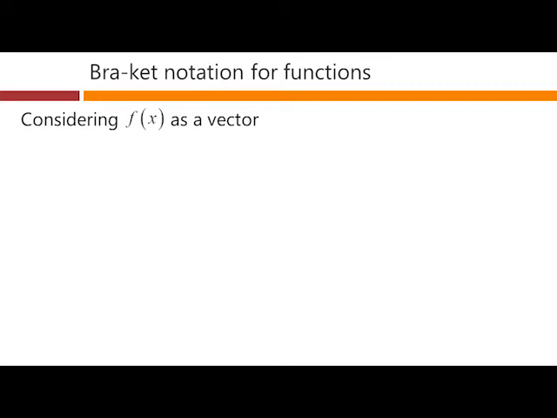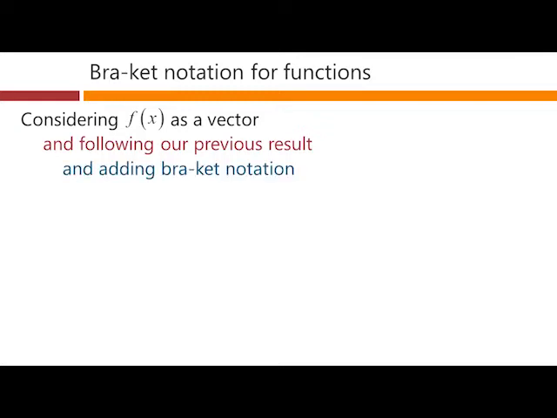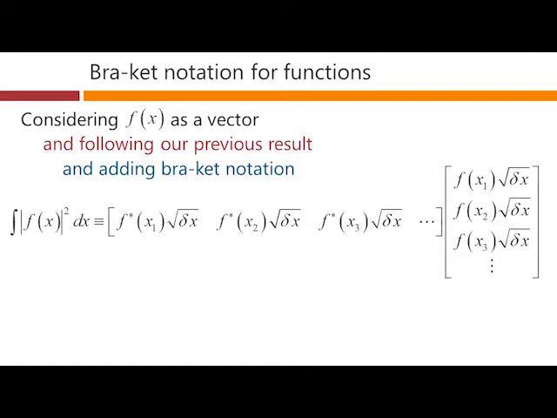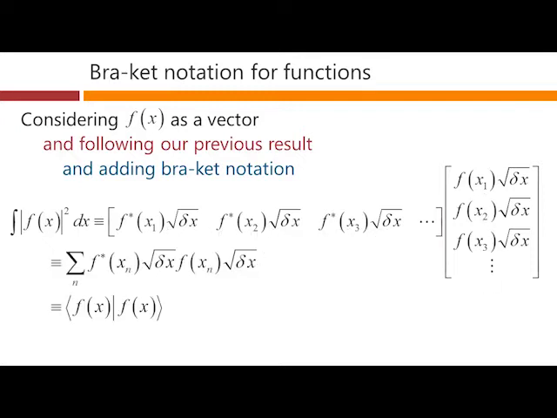Bra-ket notation for functions is very useful when we consider f of x as a vector, and following our previous result and adding the bra-ket notation here, we can write out this integral, which we had decided was the product of this bra vector and this ket vector, in a shorthand notation.